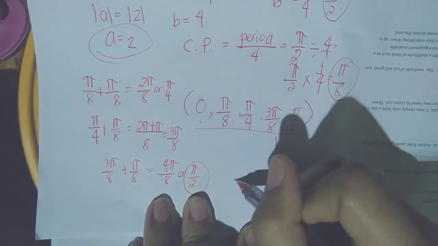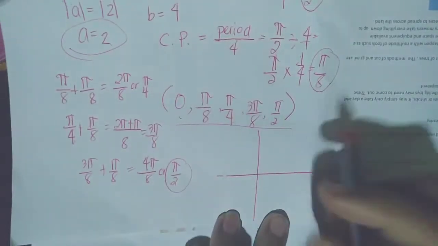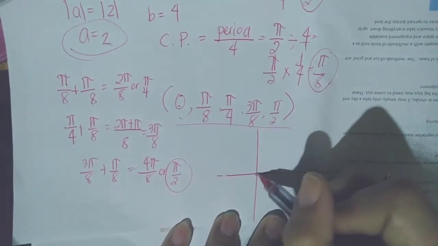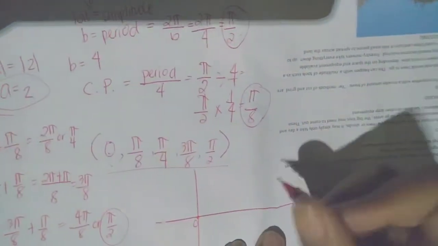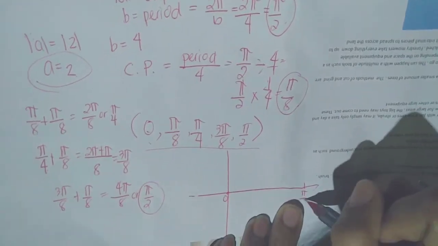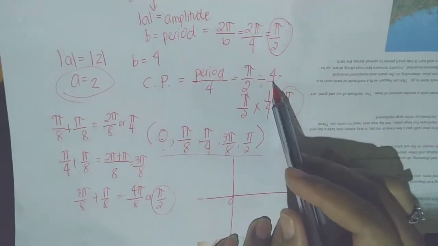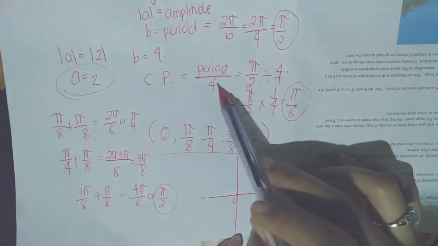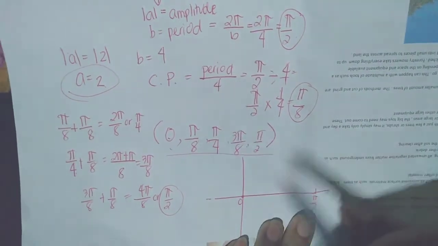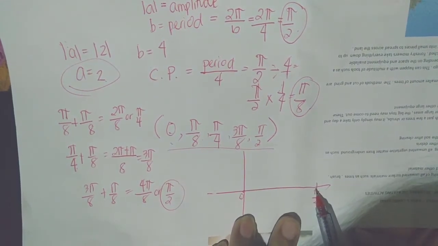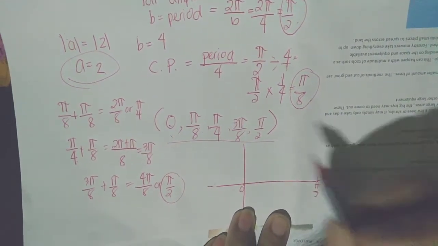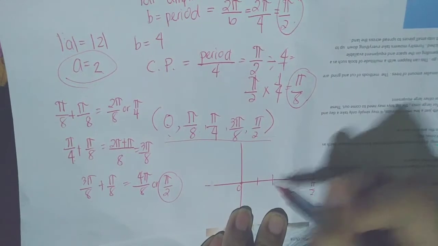Since our starting point is 0, we end at pi over 2, because our period, or one cycle, is pi over 2. The reason we divide by 4 is that the cycle is divided into 4 parts to get the critical points.